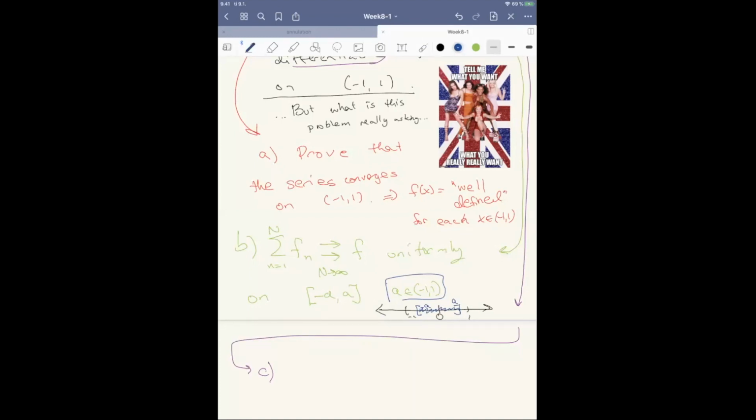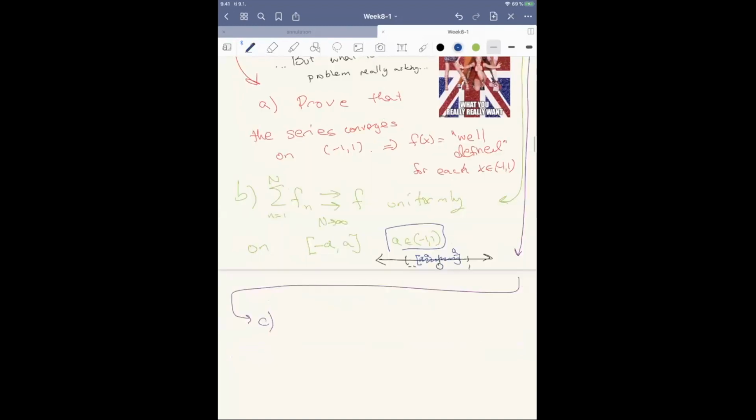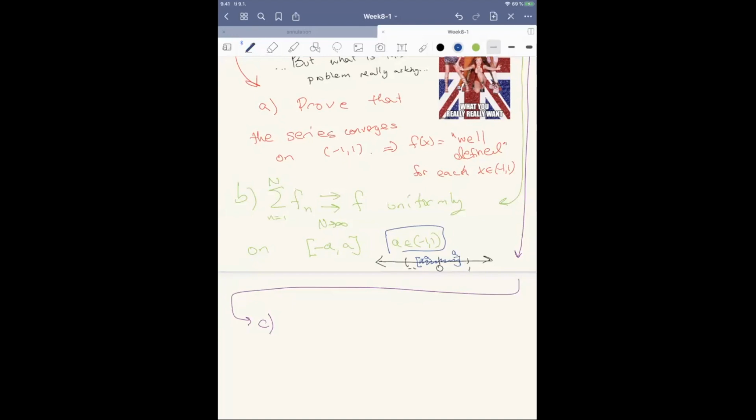Now then we use this fact that a uniform limit of continuous functions is continuous. So really, we're not proving that the limit function is continuous by any kind of epsilon-delta consideration. We're proving the condition of a theorem, that the partial sums are converging uniformly.